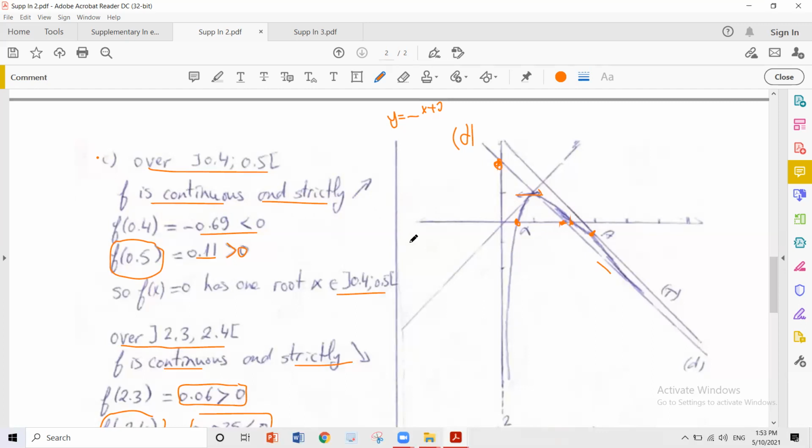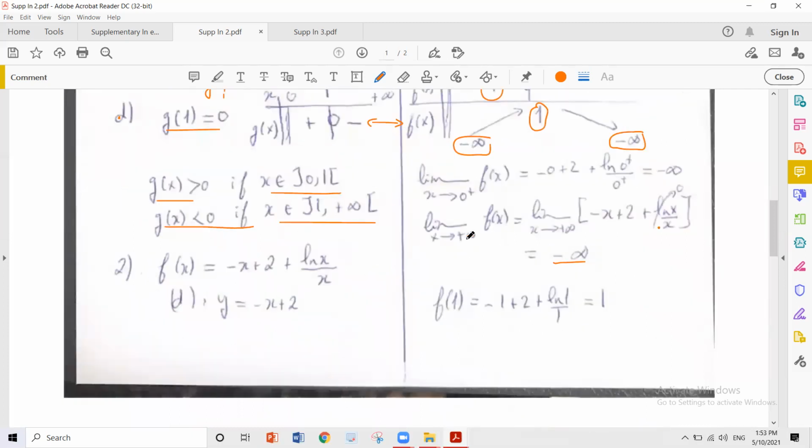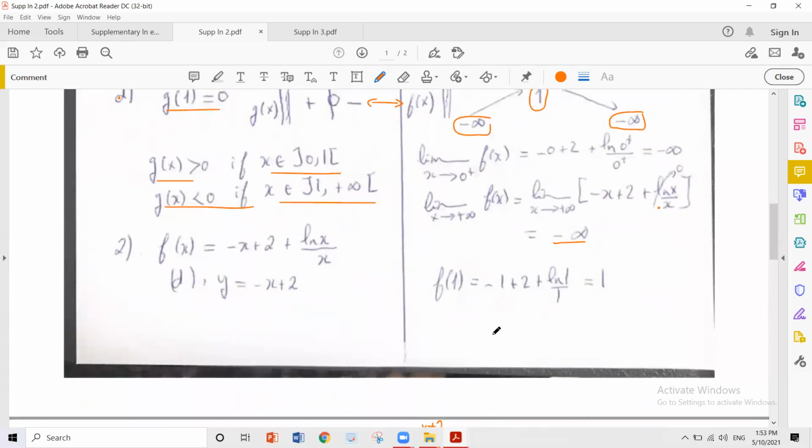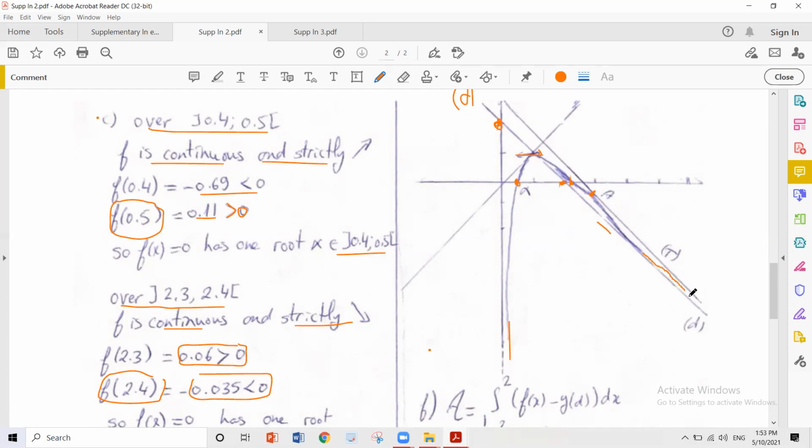According to the table of variation, the curve is increasing from 0 minus infinity to the maximum. It cuts the x-axis at alpha, reaches the maximum, then it decreases. It makes a tangent at A, then goes near the oblique asymptote.